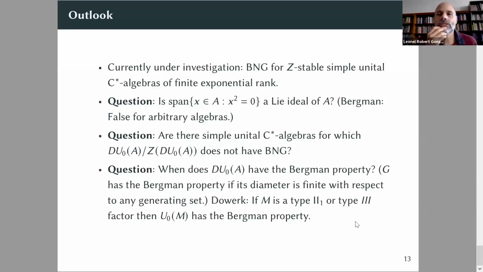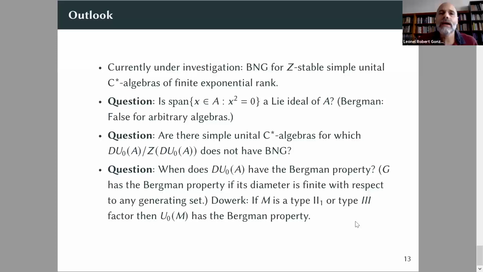So I will not quite state it, but the expectation is that if I have a simple unital C*-algebra, then I can assume it's either purely infinite or has stable rank 1 by Rørdam's dichotomy. And we have already dealt with the purely infinite case. So the case that remains is the stable rank 1 case.